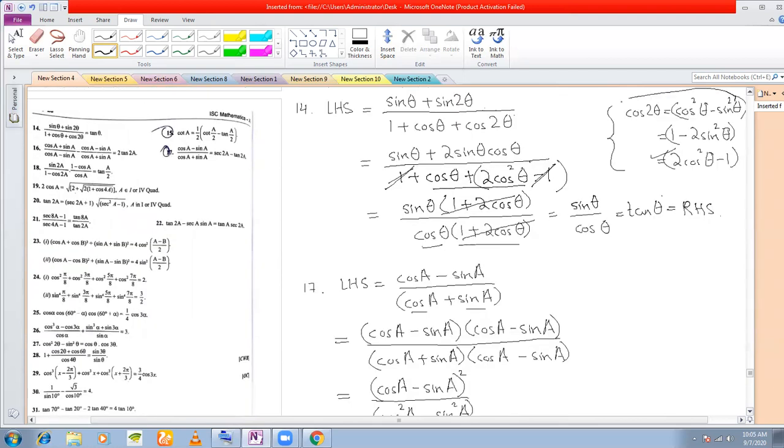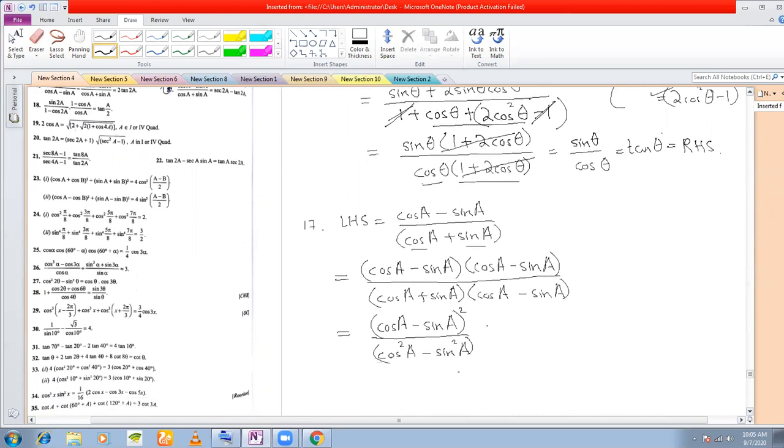Cos square theta minus sine square theta is cos 2 theta. So therefore the denominator, from cos A plus sine A, has now changed to cos 2A.